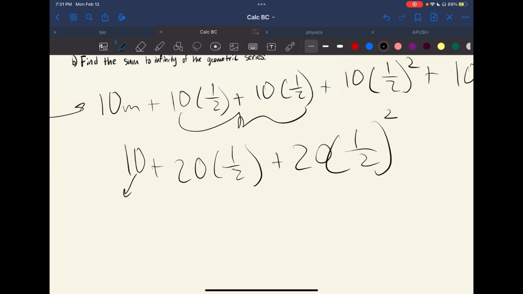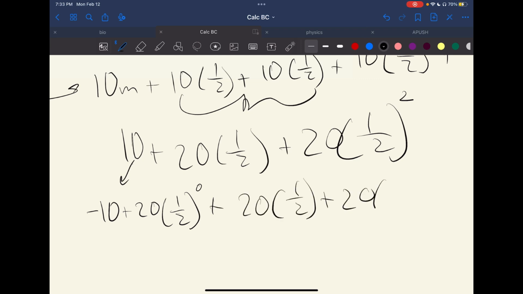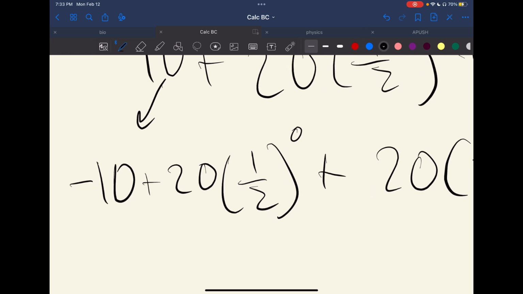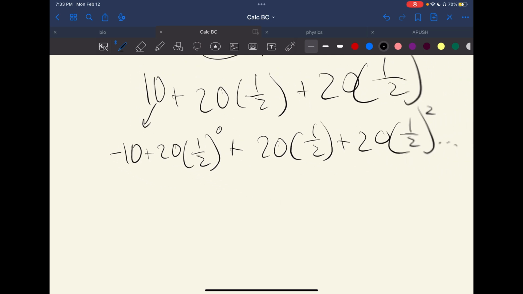And this 10 is kind of screwing everything up, so I'm going to rewrite it as -10 plus 20 times 1/2 to the 0, plus 20 times 1/2, plus 20 times 1/2 squared, on and on. Because 1/2 to the 0 is going to be 1, so that would just be 20 minus 10, which is equal to 10. So that's legal. We're allowed to rewrite it like that.